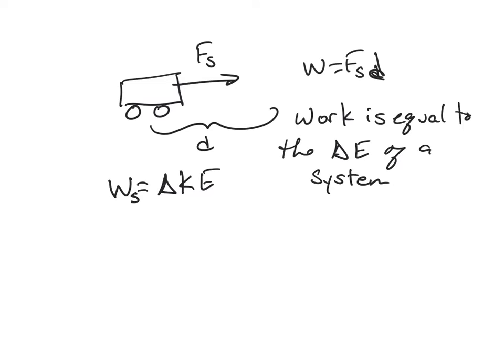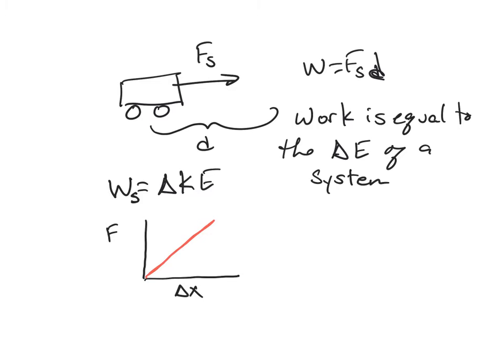Now, with our spring, what we need to keep in mind is that it is not a constant force, right? It is an increasing force as the spring gets stretched greater distances. So our graph is going to look like this.